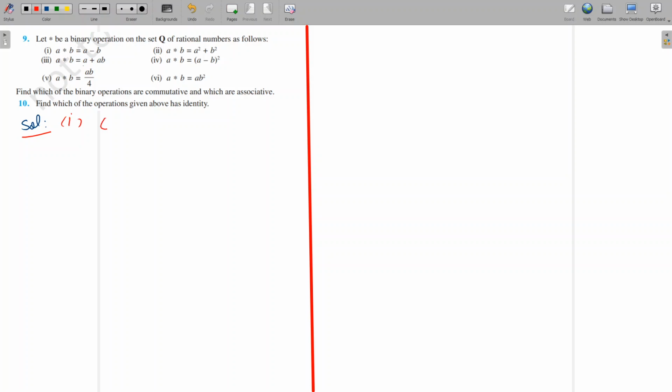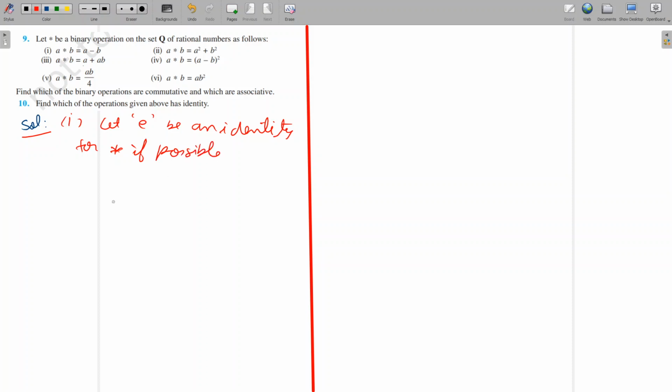Let E be an identity for star, if possible.